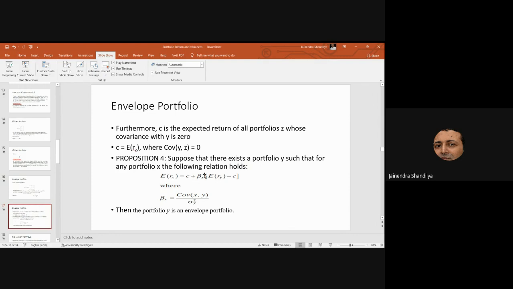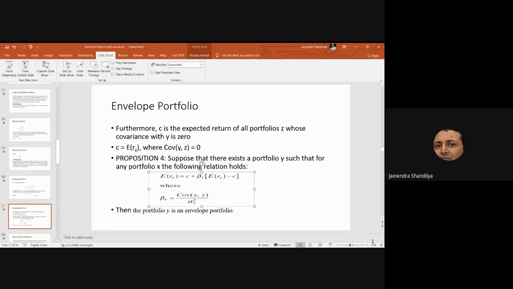So, moving on to proposition 4. This is the same as proposition 3, written differently. It says that suppose there exists a portfolio Y such that for any portfolio X the following relationship holds: the expected return of portfolio X equals a constant plus beta times the expected return of portfolio Y minus C, where beta is covariance upon variance of Y. Then portfolio Y is an envelope portfolio.